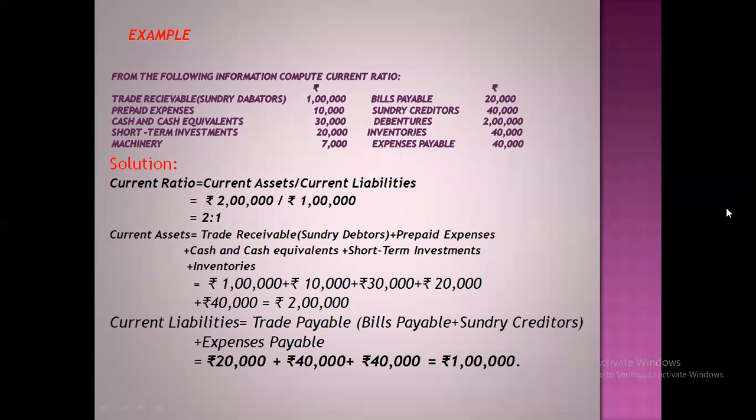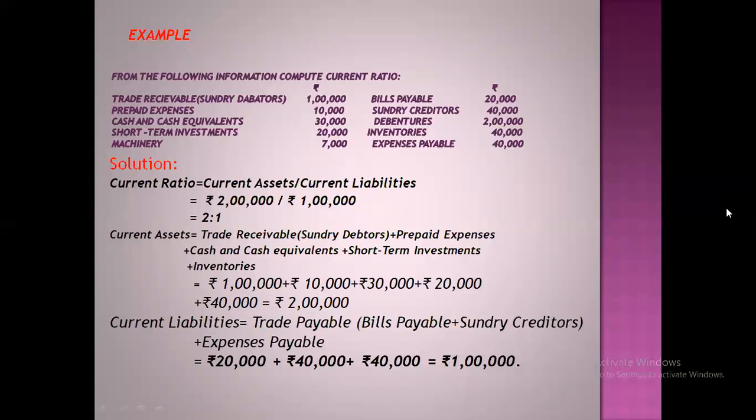Now, we'll understand this with the help of an example. In this numerical, we have to calculate the current ratio. Here some items of the balance sheet are given. First, we'll segregate the current assets and the current liabilities, because the formula to get the current ratio is current asset upon current liability.